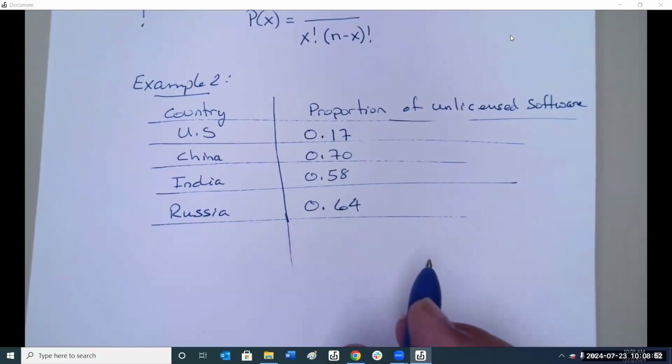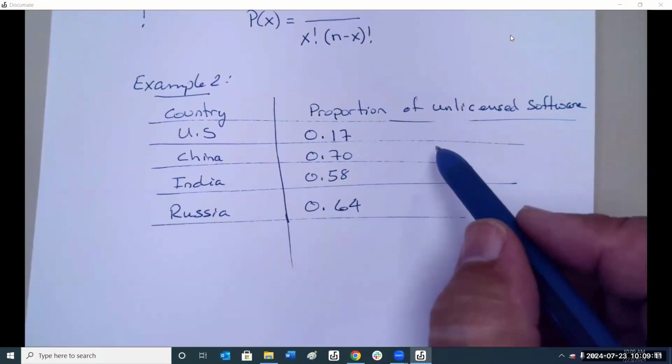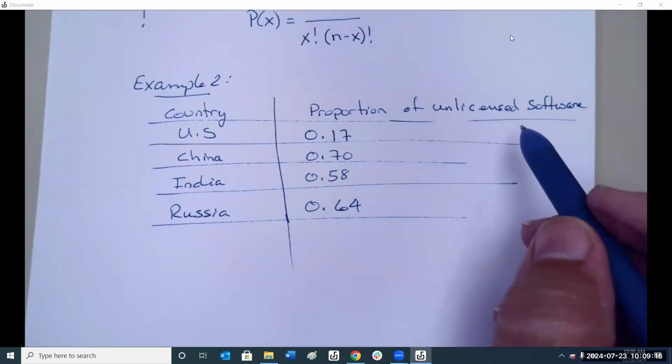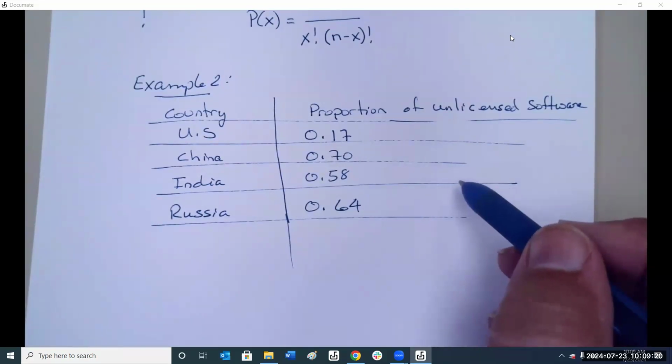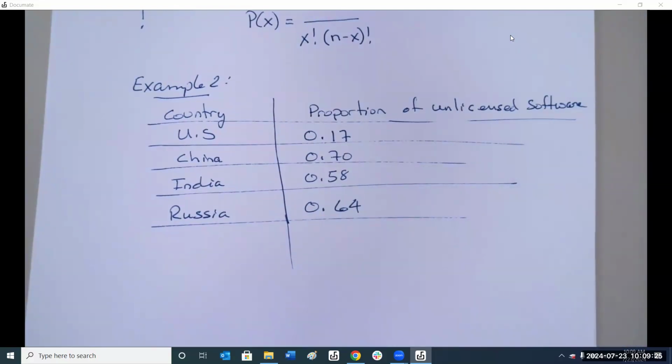Actually, that's 4 of them: 1, 2, 3, 4. So the table represents, inside each country, what percent of the software in that country is unlicensed. If we change these to percent, it'd be 17% of the software in the United States is unlicensed, 70% of the software in China is unlicensed, 58% in India, and 64% in Russia.